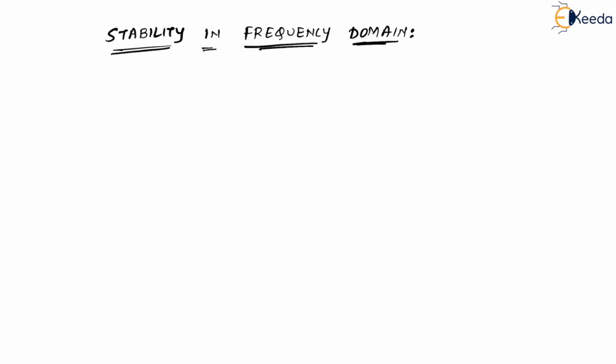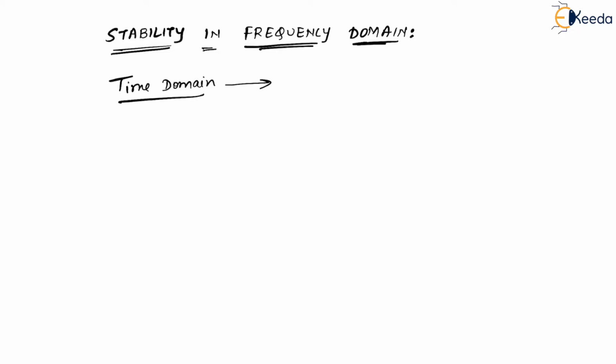So if you see, dear, so far we have done time domain analysis, right? In time domain, we had used some tools in order to understand whether my system is stable or not stable.